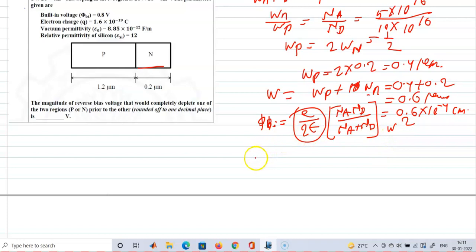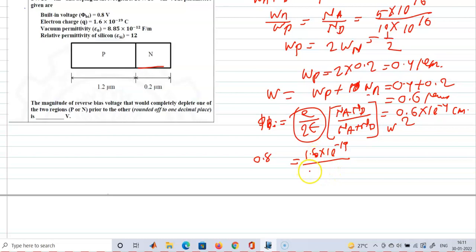Phi bi has been given as 0.8 volt, e is 1.6 into 10 to the power minus 19, and 2 epsilon.